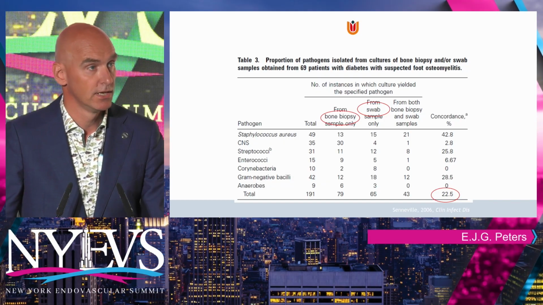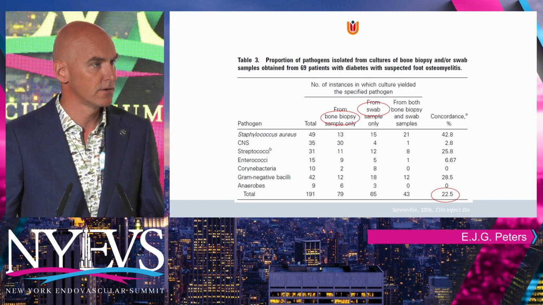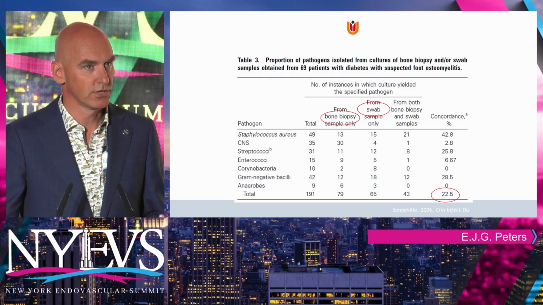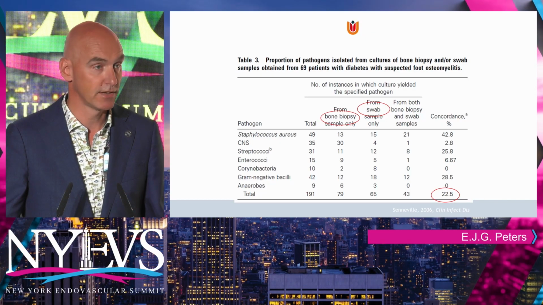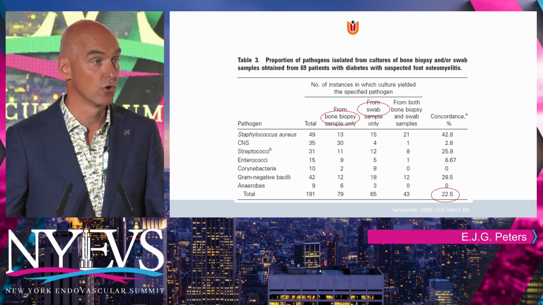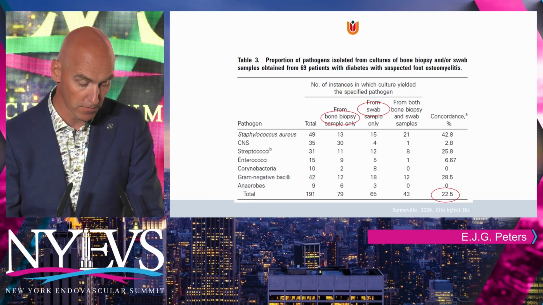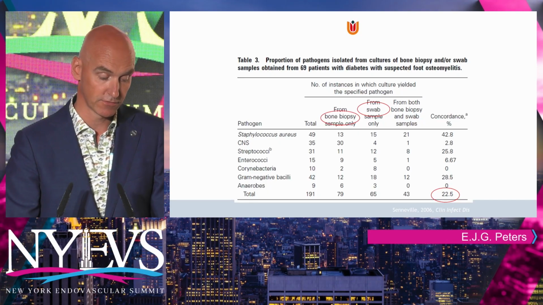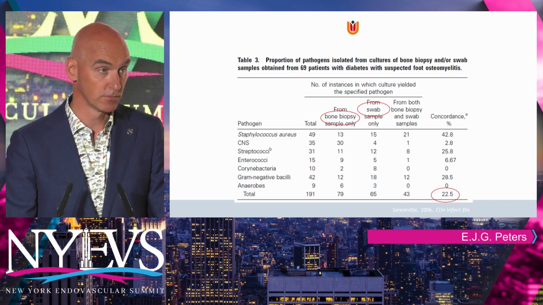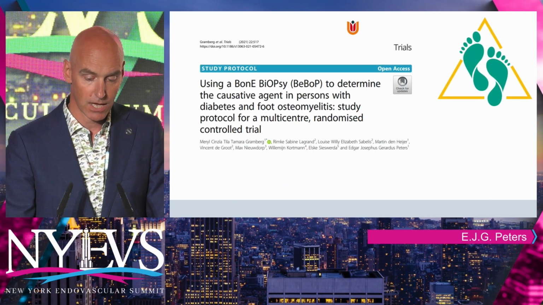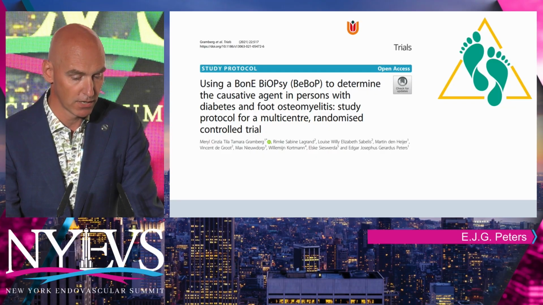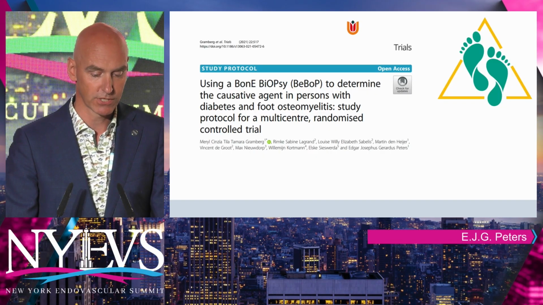So that means that if you target your antibiotic therapy to bacteria that you found in a wound swab to treat osteomyelitis, you have a 77.5% chance that you target the wrong organism. So probably, and that's been proven in a retrospective study as well, the outcomes are a lot worse if you rely on swabs.